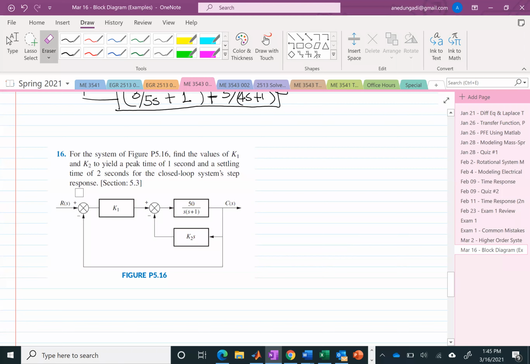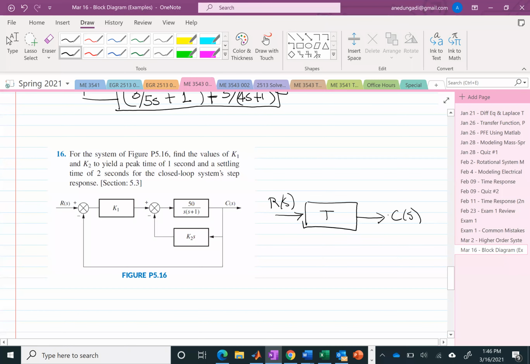Here again, for the system shown in the figure, find the values of K1 and K2 to yield a peak time of 1 second and a settling time of 2 seconds. So again, what I want is the equivalent transfer function T, where the input is R and the output is C of S.